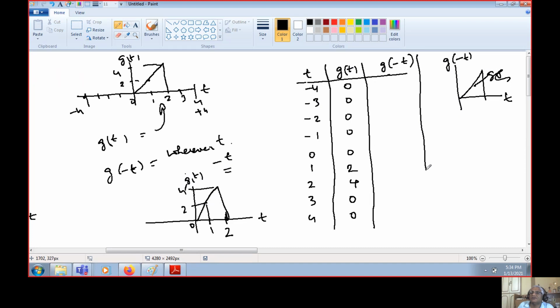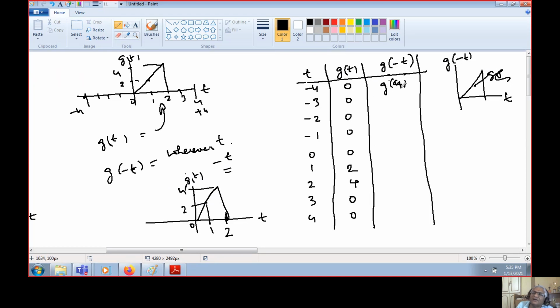Let us first try to find the values. At t = -4, what will this become? This will become g(-(-4)), which is equal to g(+4). At g(-t) with t = -4, this will become g(4). Now you see how simple it becomes.